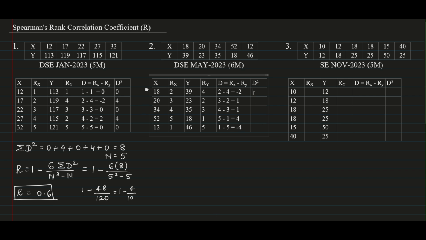Now let's calculate the square of the differences. So minus 2 square is 4, 1 square is 1, 1 square is 1, 4 square is 16, and minus 4 square is again 16.